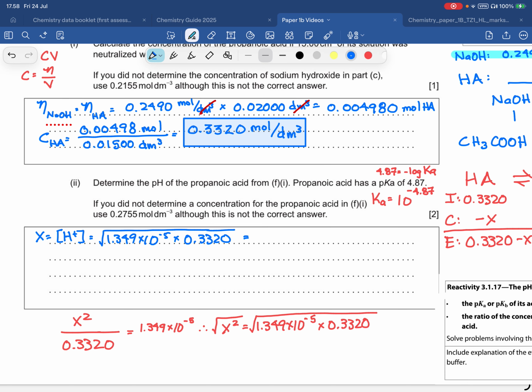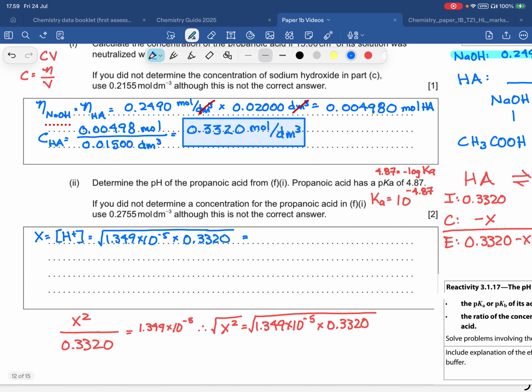So, square root, parentheses, 1.349 EE, negative 5 times 0.332, close parentheses, enter. And I get a hydronium concentration of 2.116 times 10 to the negative 3 moles per decimeter cubed.